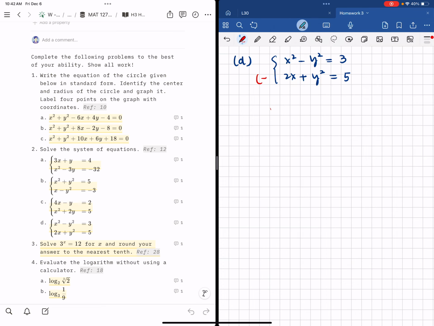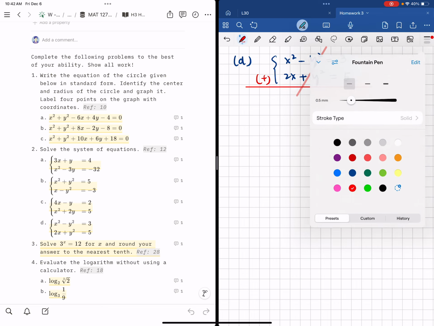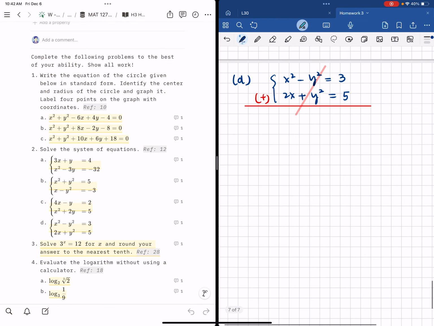I will add these two equations. The y squared will cancel out, and I will obtain x squared plus 2x equals 8. I'm going to move the 8 to the left-hand side, so x squared plus 2x minus 8 equals 0.